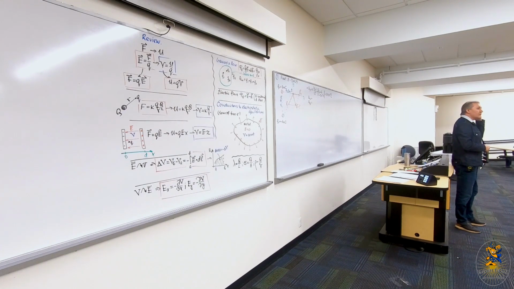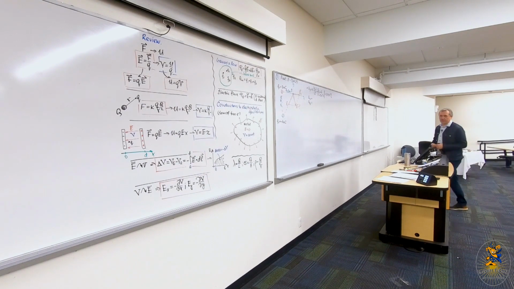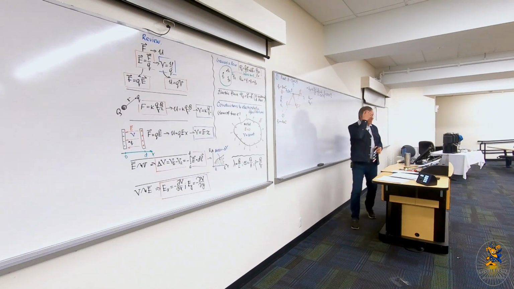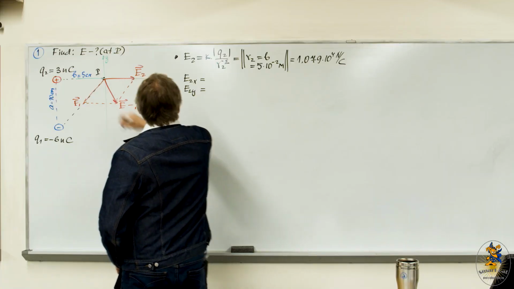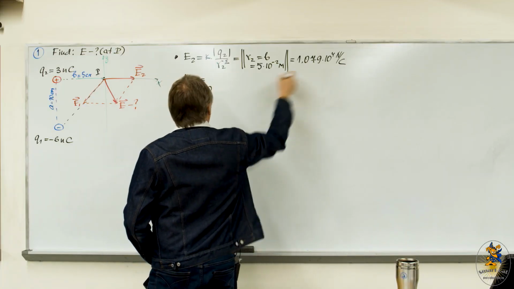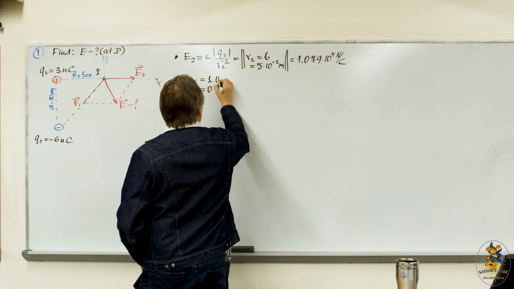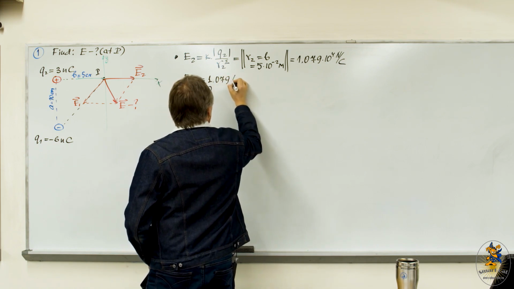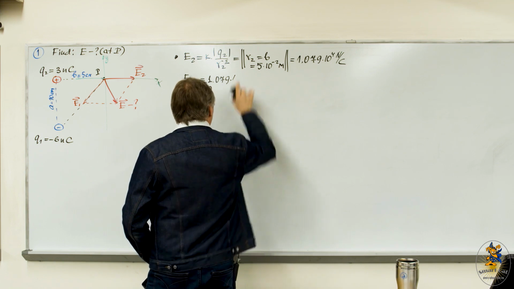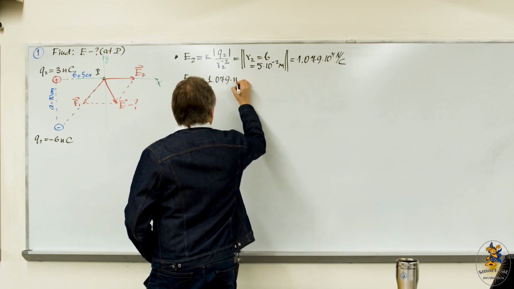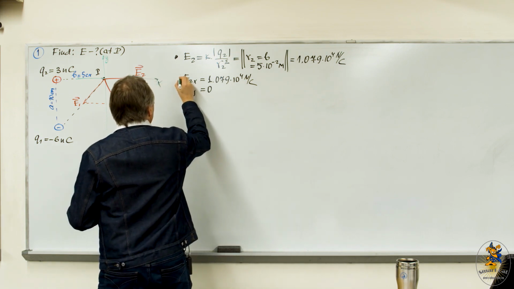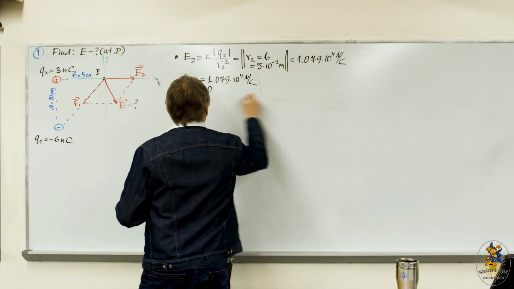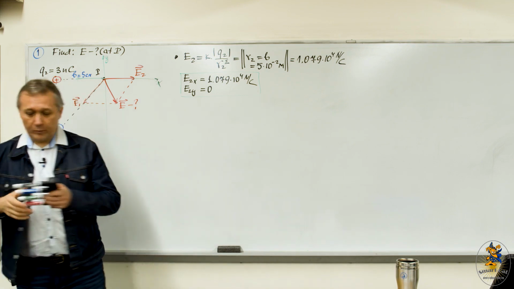At the very beginning, in the first recitation class, some students were not confident, but by the time of the first midterm exam, everyone is confident in that. So the y component, of course, is 0, and this whole magnitude is the x component, times 10 to the power of 4 newtons per coulomb. Okay, so these are preliminary results. Let me frame them a little bit, and let's leave it alone for a few minutes.